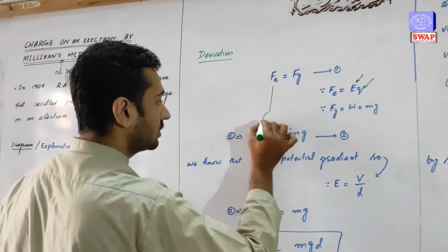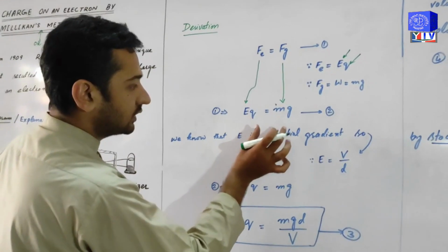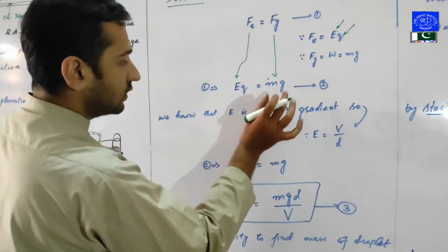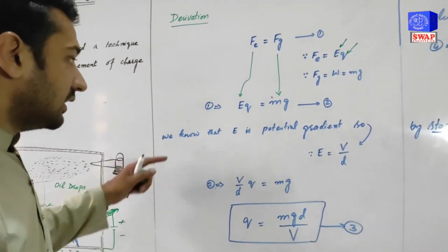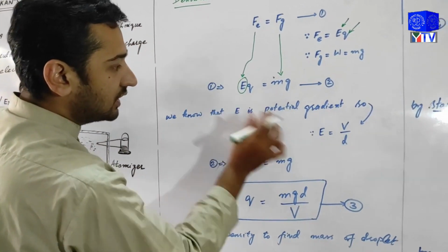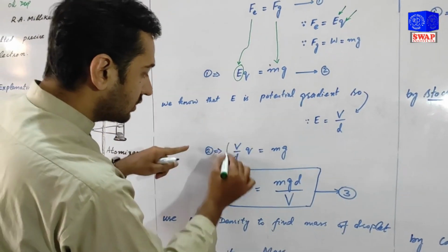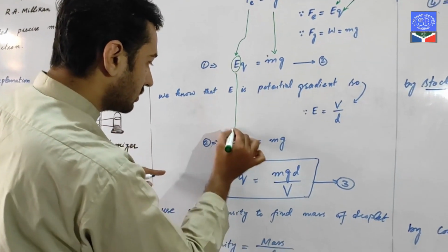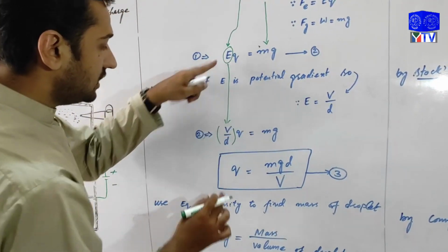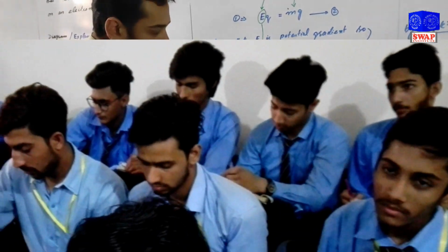By putting these, we get EQ is equal to mg. Here E is the magnitude of potential gradient, which is equal to V over D. So the value of E, V over D, multiplied by Q, equals mg.